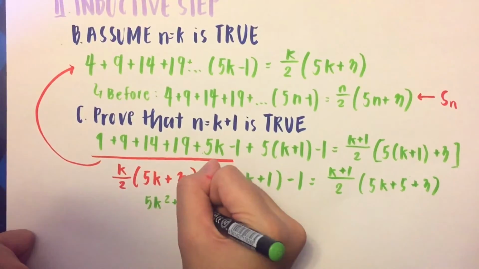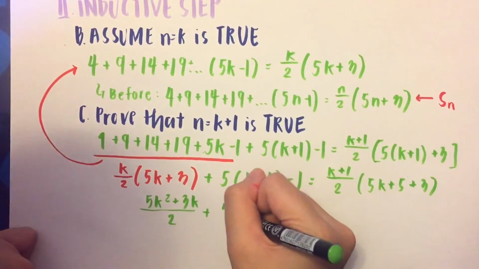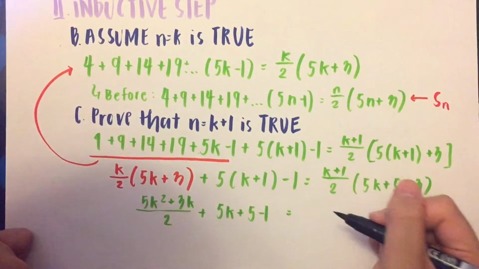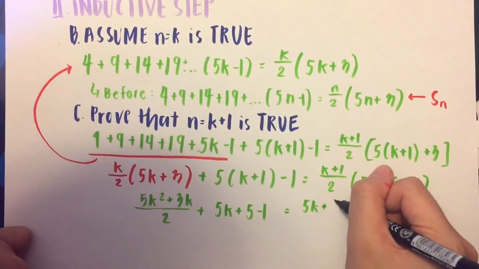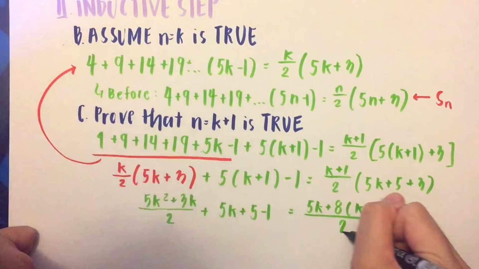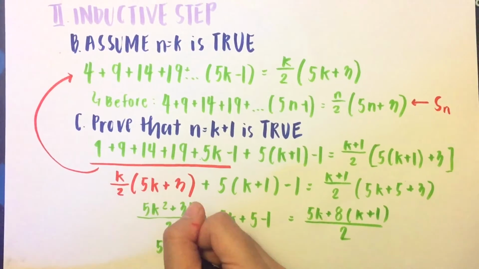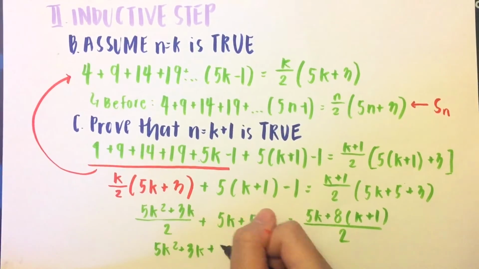Now we multiply and we get 5k squared plus 3k over 2 plus 5k plus 5 minus 1. We also multiply this and we get 5k plus 8 multiplied by k plus 1 over 2.